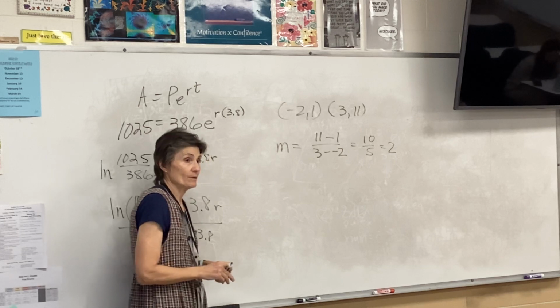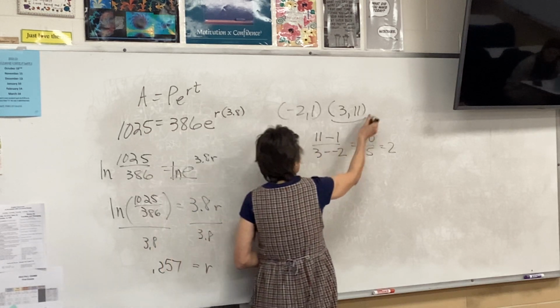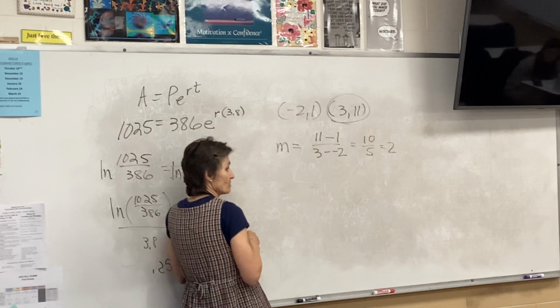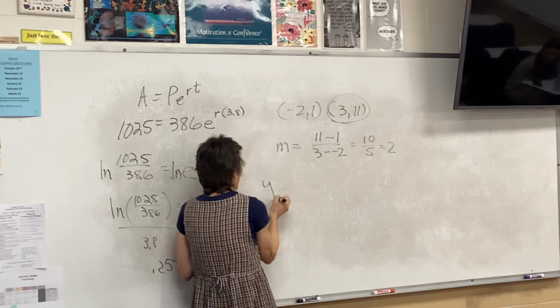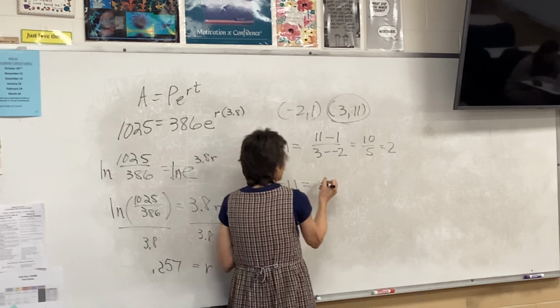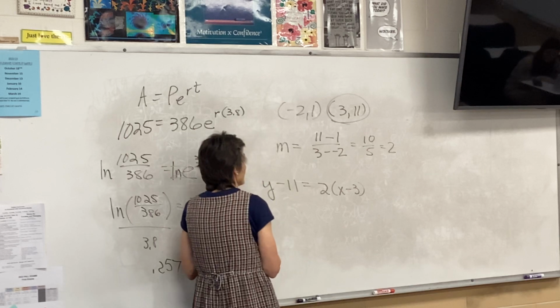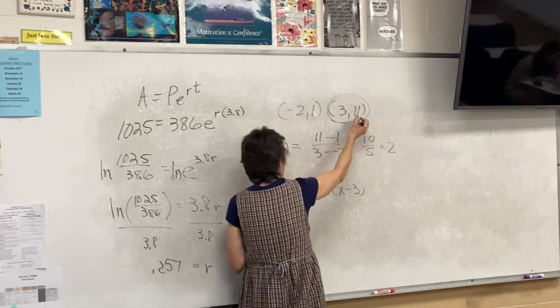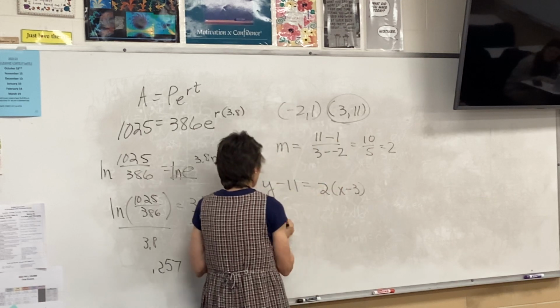So now what do I do? Pick a point, either one. I'll use this one right here because I don't want to mess with negatives. Doesn't make any difference. Pick whichever one you want. y minus 11 equals 2 times x minus 3. So y minus my y equals 2 times x minus my x.